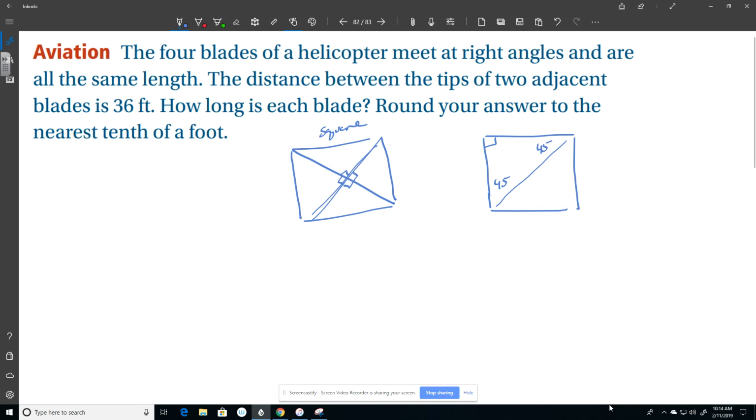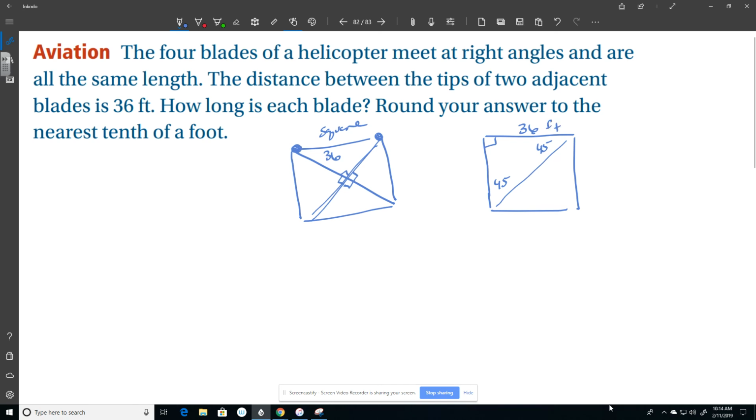And it says that the distance between the two tips of adjacent blades is 36 feet. So from the tip of this blade to the tip of this blade is 36. So this right here is 36 feet. How long is each blade?